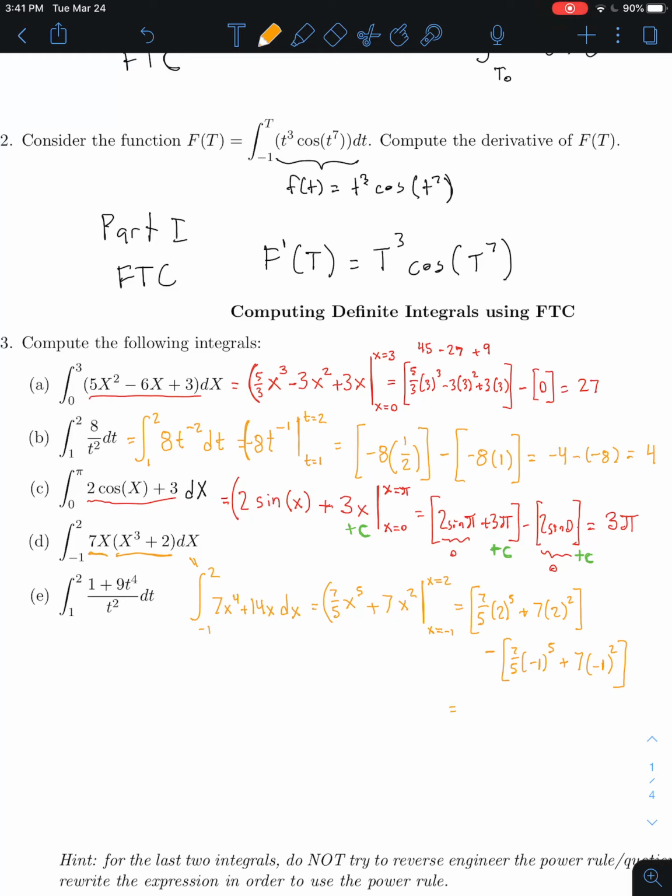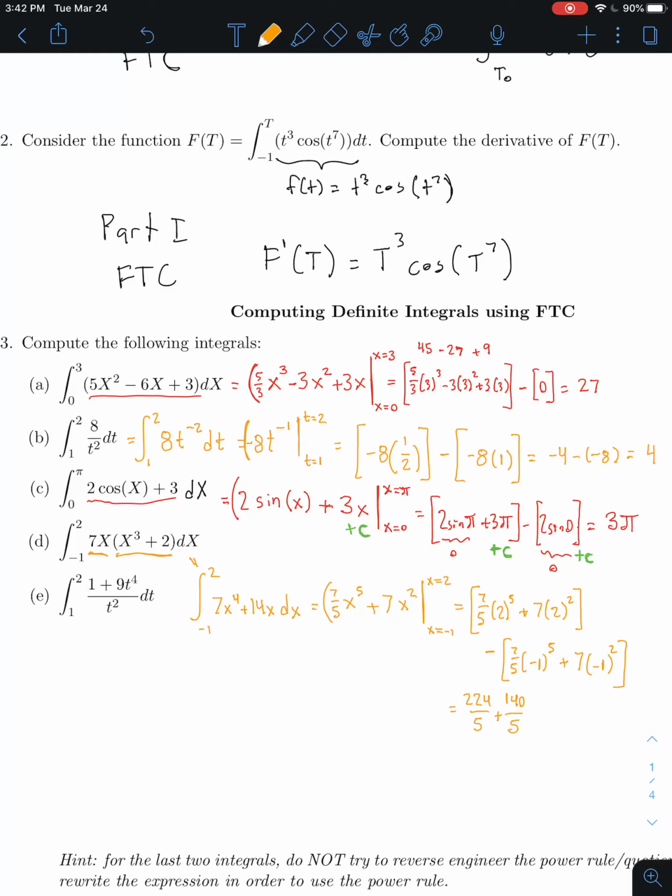Okay. Now I'm going to get a common denominator of 5 as I'm simplifying, because that's going to make the addition and the subtraction easier later. So I have 2 to the 5th times 7, which if you use a calculator gives us 224 over 5. And then our next term is going to be 28, which is 140 over 5.